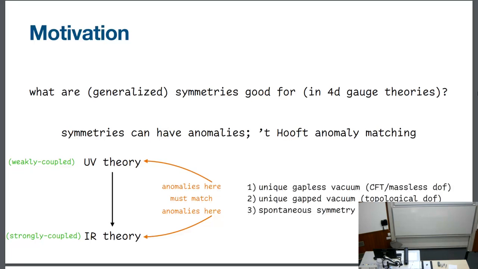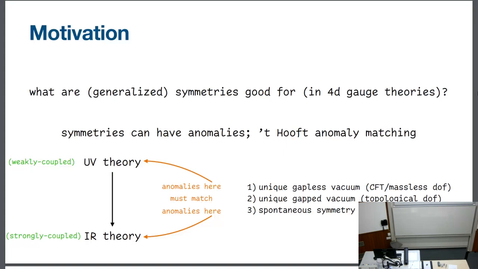So let's say that I have a theory up here with an anomaly that I can compute, and I want to know what are the consequences for the theory down here. In general, there are three options. Well, there's one thing which cannot happen. The thing which cannot happen is you have what's called a trivially gapped vacuum down here.